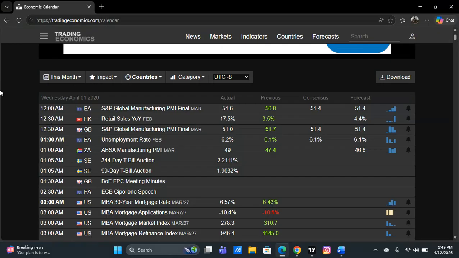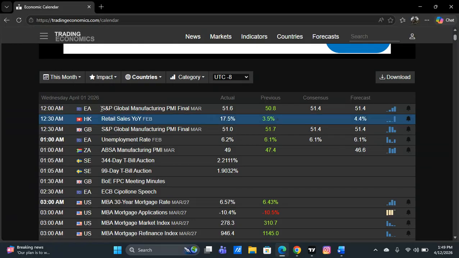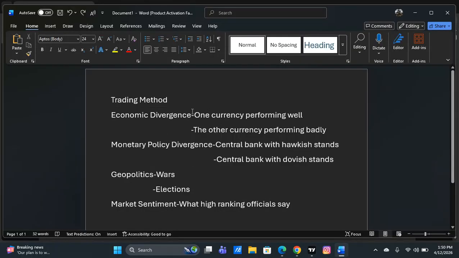This is macroeconomics. This is an economic calendar called Trading Economics. So the method would be observed from Trading Economics, and that method would comprise one currency performing well and the other currency performing badly, and we combine the two currencies to find what we call economic divergence.